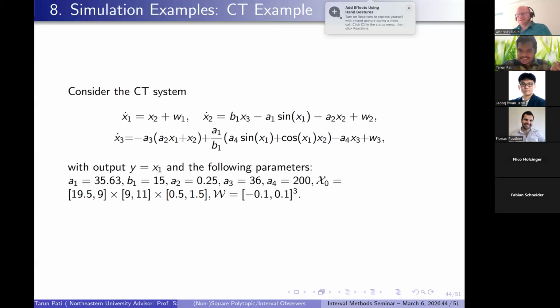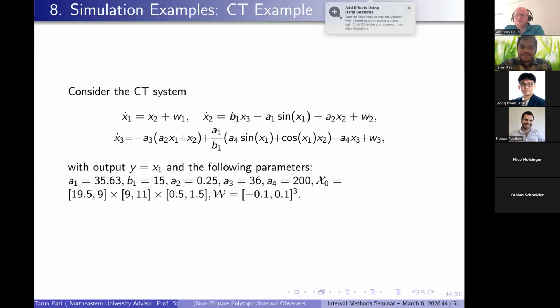It is a bit of cheating in this example, but we also have the results without assuming that sine of x1 is a measurement. In both cases we get interval observers, and the only advantage is that by assuming this one is a measurement, the interval observers are more accurate.